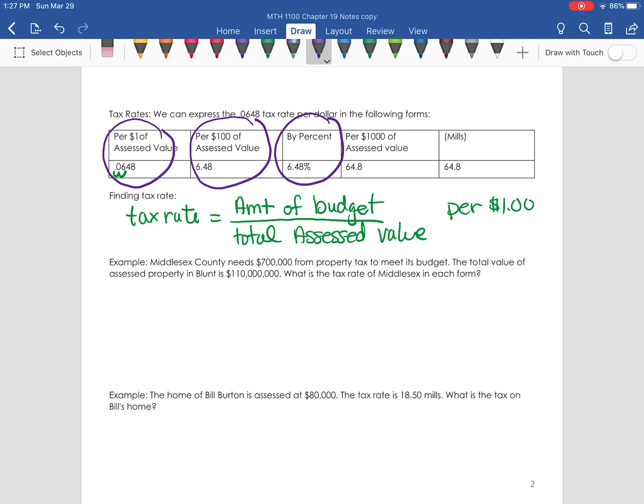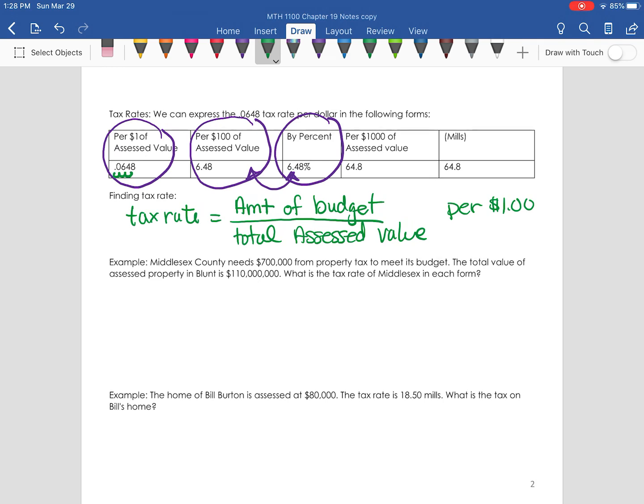We could also do it by percent, which is always going to be the same as per $100 because that's what percent means, per 100. Okay, and then if we want to write it the number of dollars per 1,000 of the assessed value, we would just move, let me erase this.